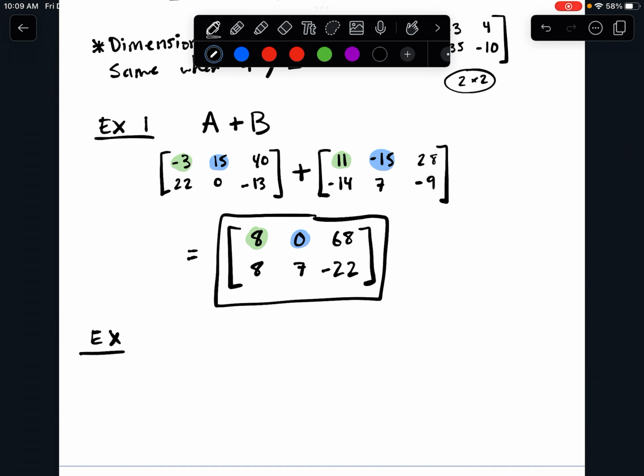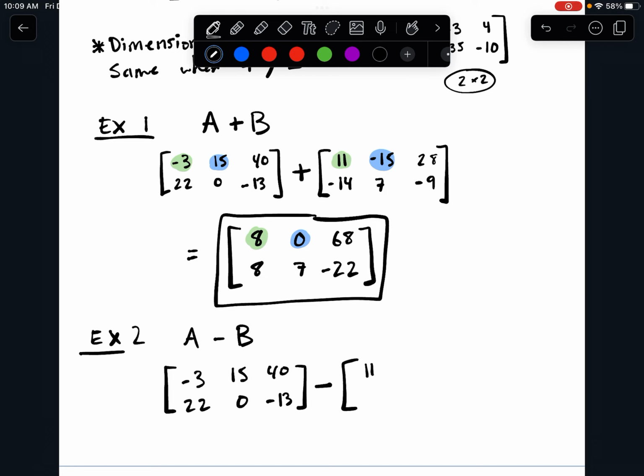Let's do something like A minus B. Well, for A minus B, I just subtract all of these elements. So let's write this out again: -3, 15, 40, 22, 0, -13. And then we're going to subtract 11, -15, 28, -14, 7, -9.